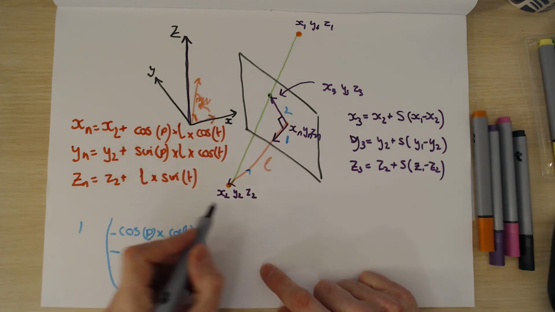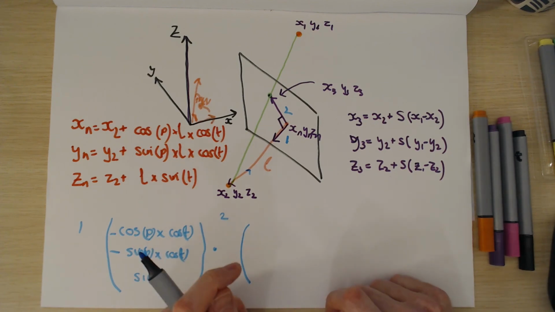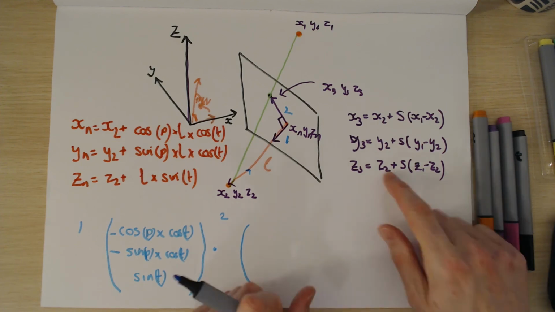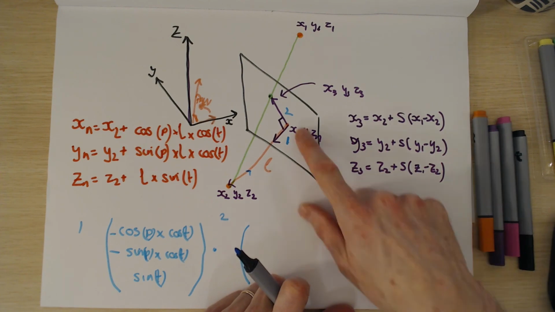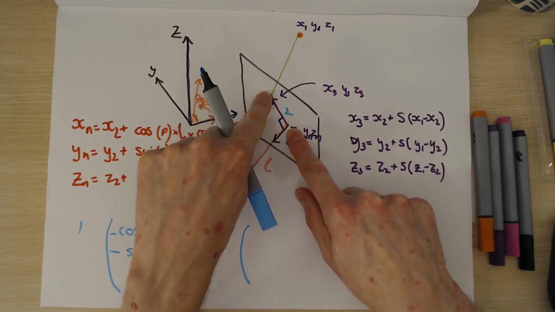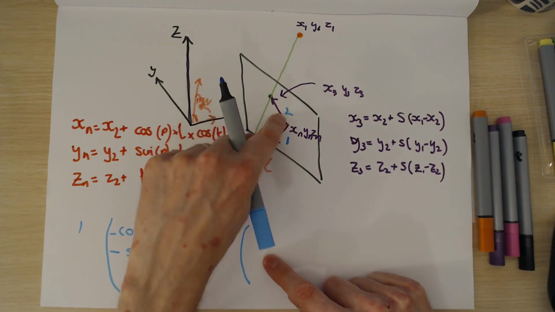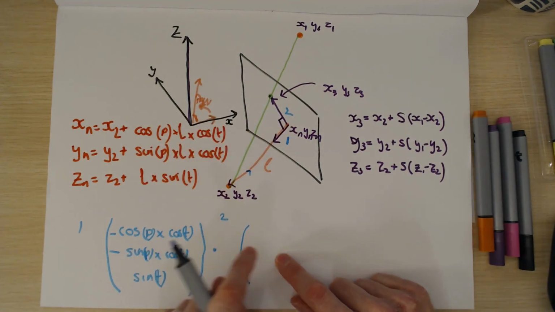So what's the 2 vector? Number 2. Well, we've just actually got the number 2 vector here, because we've got this point, and this is our unknown. So now we can express this vector in terms of this. So this vector here is actually very simple.